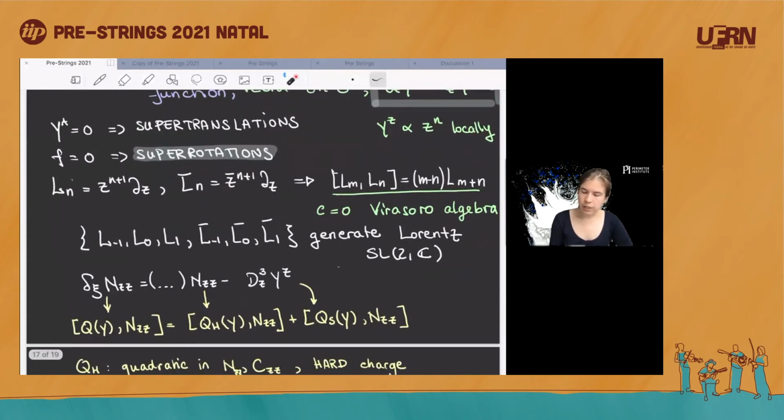Now, there is a subgroup of this infinite dimensional algebra, which is global conformal symmetries in 2 dimensions, or equivalently, the Lorentz symmetries from a bulk point of view.